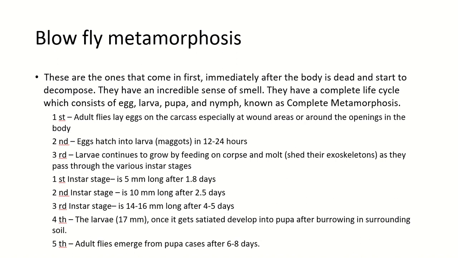Fourth, the larva is 17 millimeter long. Then the larva is converted into the pupa. Fifth, the adult fly emerges from the pupa after 6 to 8 days. So this life cycle of blowfly will help in estimating the time since death.